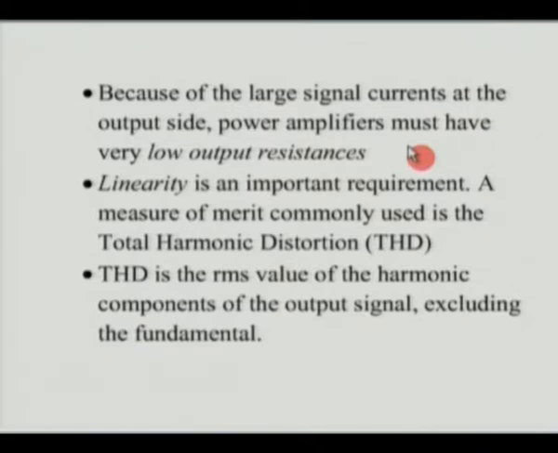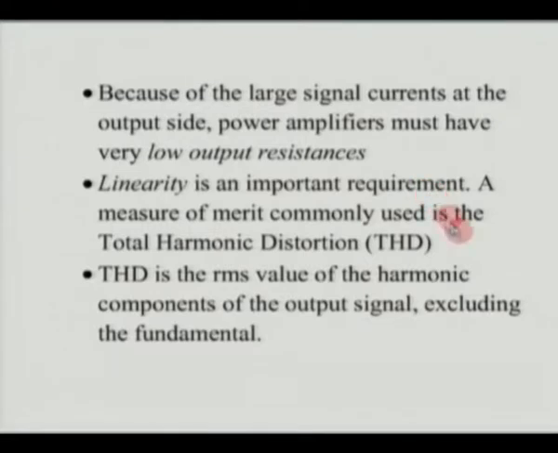So here we have a controlled voltage source, so we need to make sure that the resistances are small. When we say small here, we would be talking about, most of the time, resistances say less than an ohm, much less than an ohm. Again, the higher the power application, the much lower the output resistance.